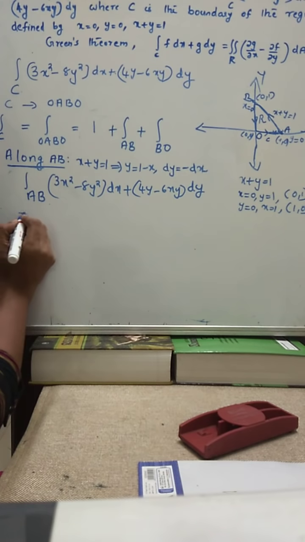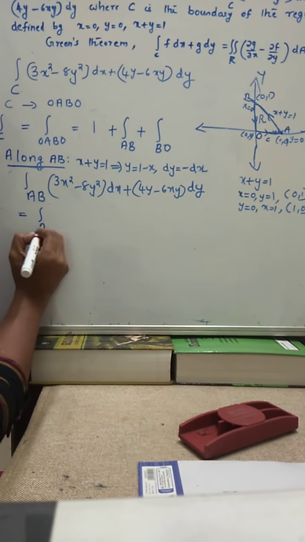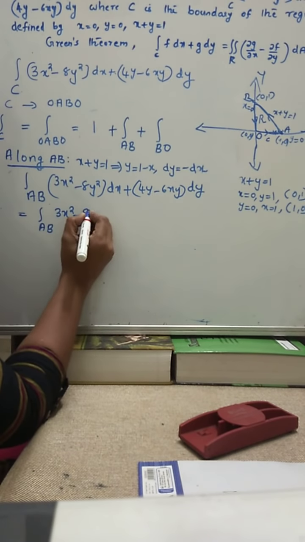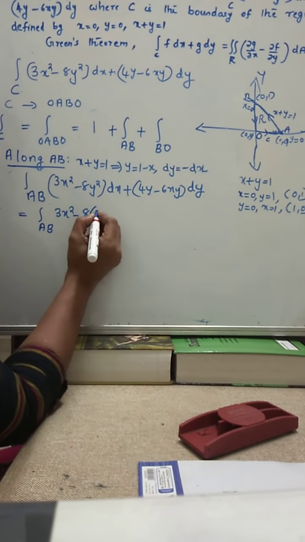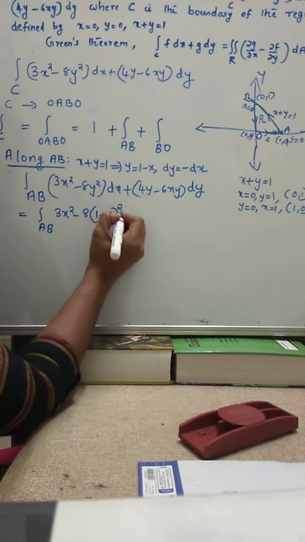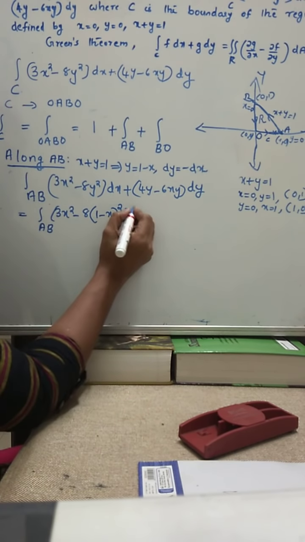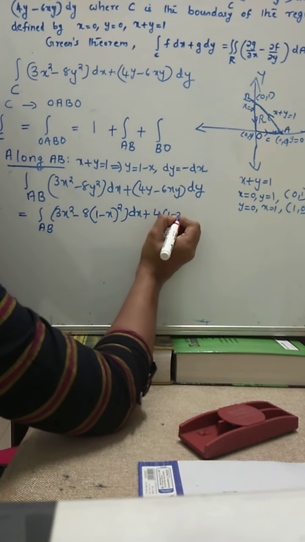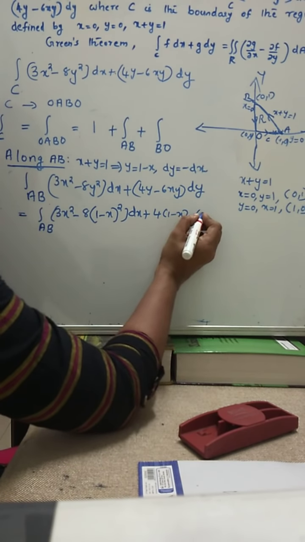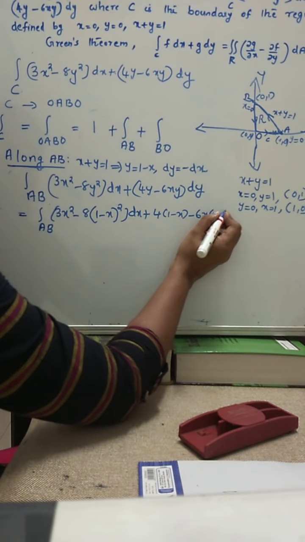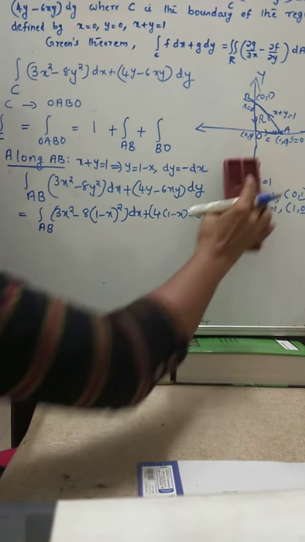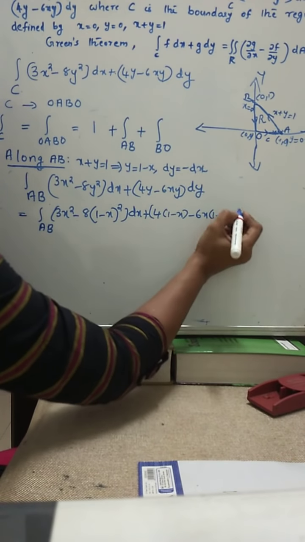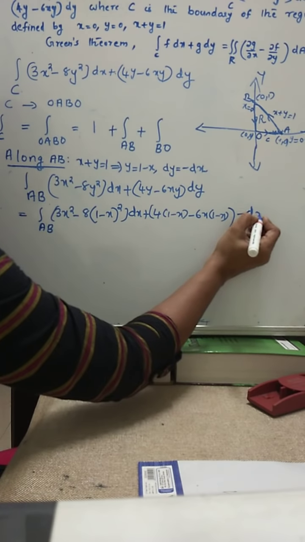We get the integral over AB of (3x² − 8(1 − x)²) dx + (4(1 − x) − 6x(1 − x)) dy, and now dy = −dx.